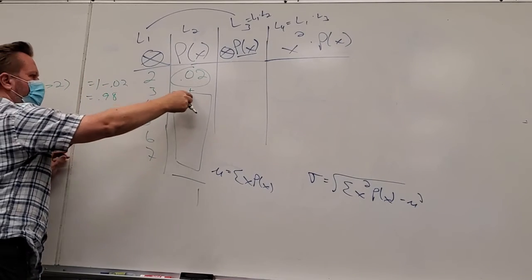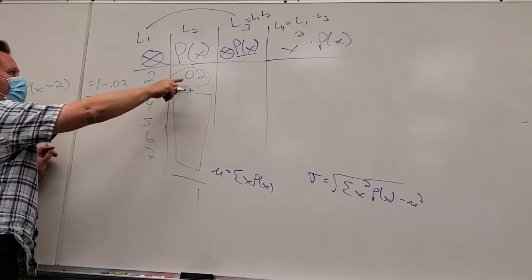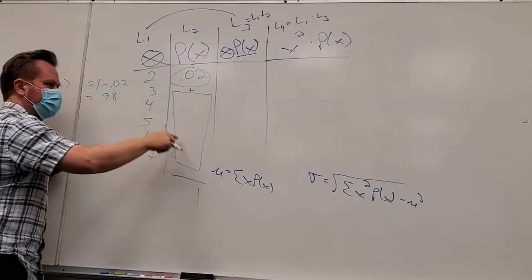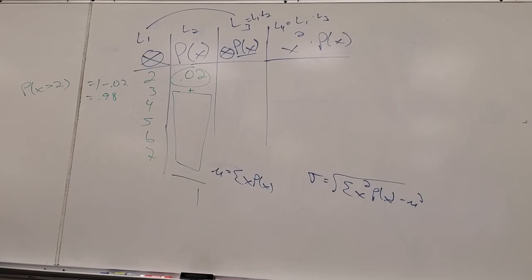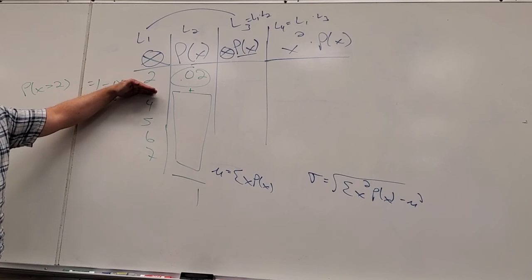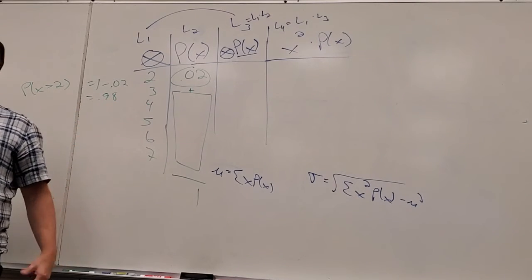So I don't even care what these are. I know the probability x greater than 2 because I know what 2's probability is. The greater than 2 must be everything else, 1 minus that. That is the whole idea of the 1 minus thing. The question they want has too much work, so let me just do 1 minus the opposite. It's the same thing.